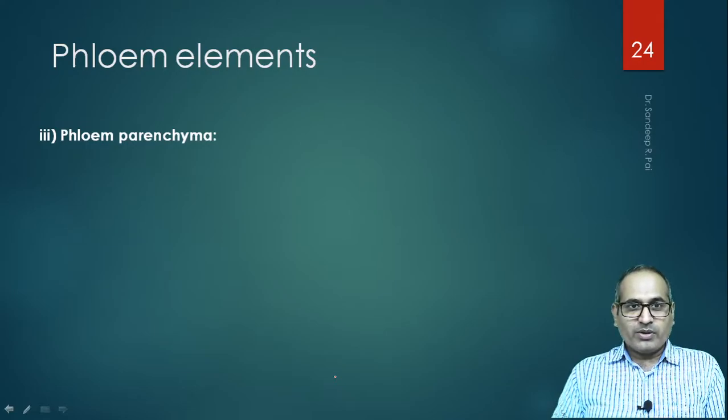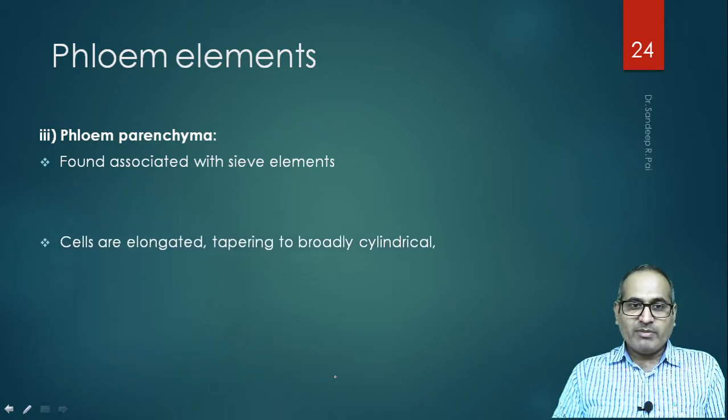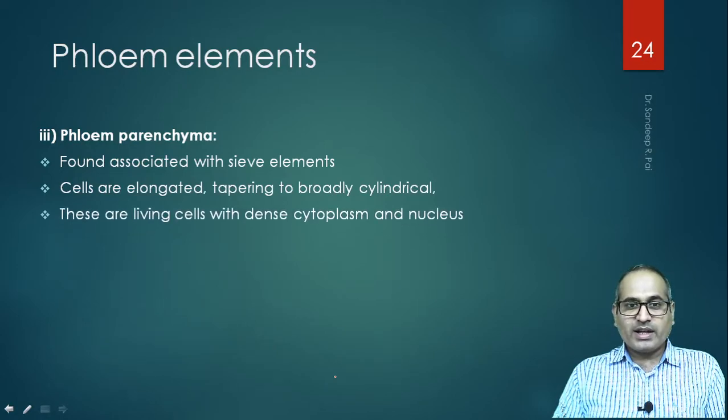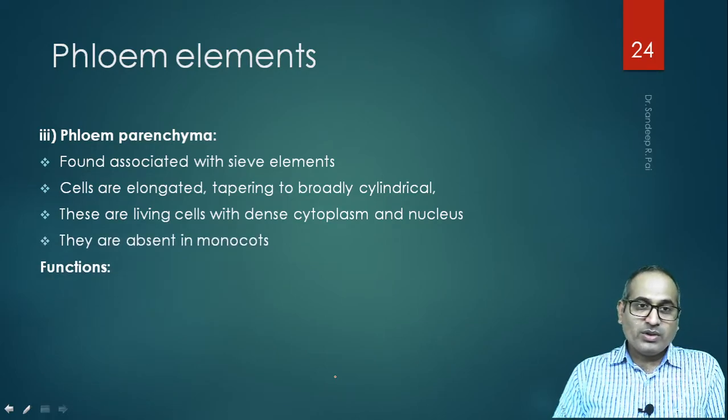The third part we are going to see in phloem elements is phloem parenchyma. They are found associated with sieve elements. Cells are elongated, tapering to broadly cylindrical. These are living cells with dense cytoplasm and nucleus. They are absent in monocots.